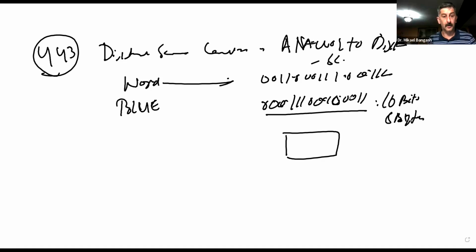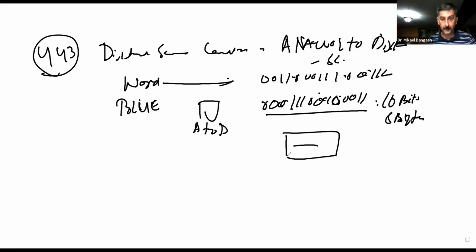So that is what you can call an analog to digital converter; it did that conversion. Now of course, if you type the word blue on a document and you open that document, you don't want to see just a series of zeros and ones, right? Does that make sense?